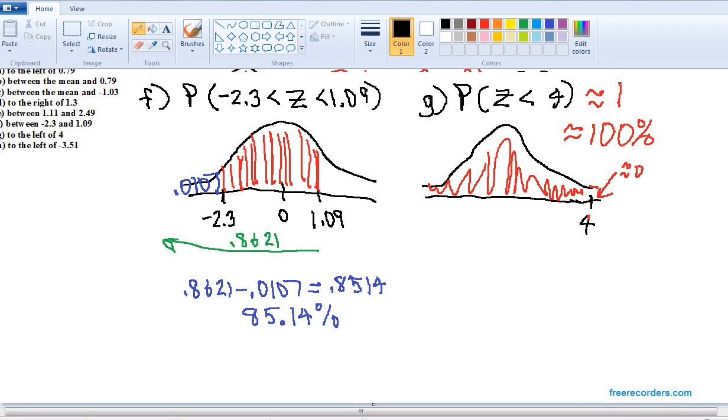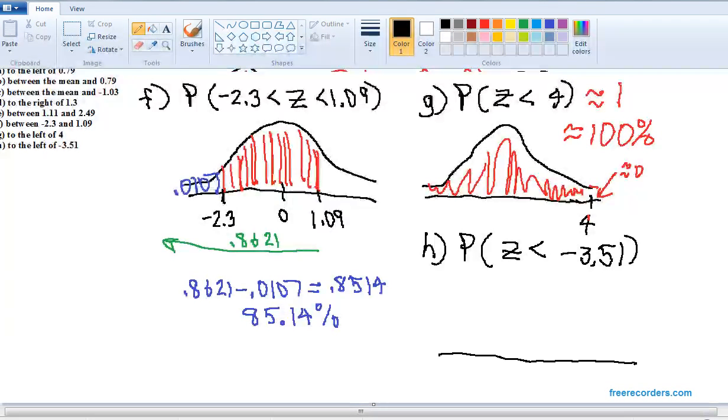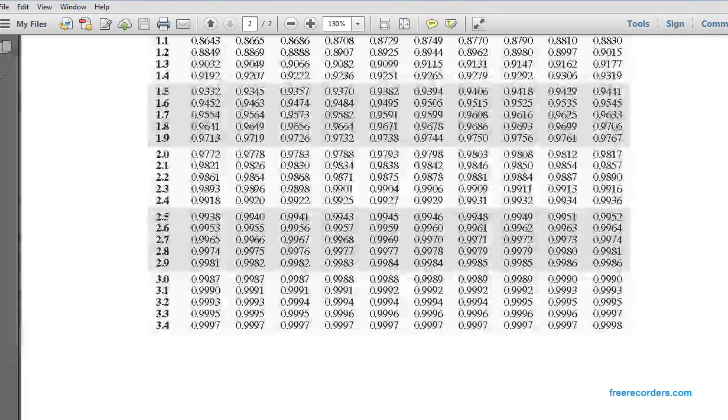Now, the last one, part H. The probability that z is to the left of, meaning less than, negative 3.51. Well, negatives are to the left of 0. And the negative z's are on the first page of our table.